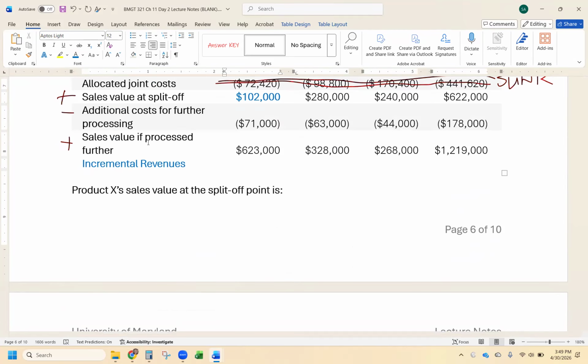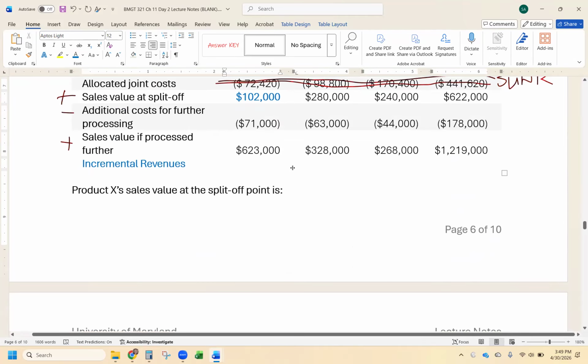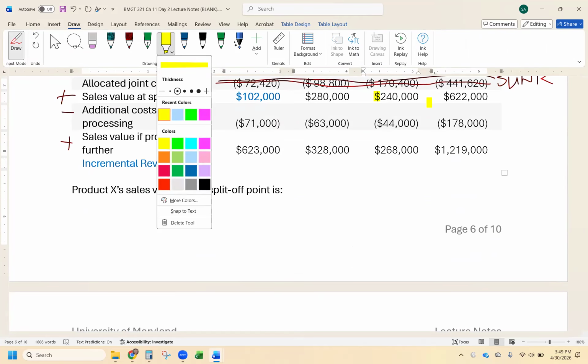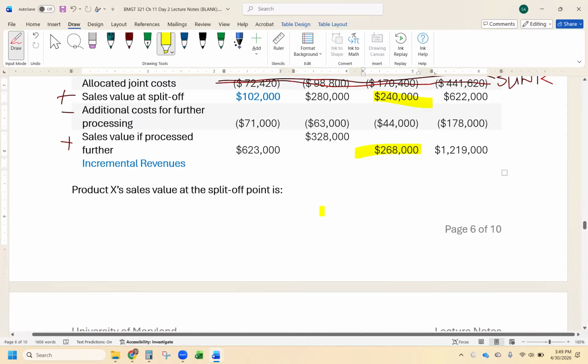And so basically for this, what I need to figure out is the difference in this number here, the sales value at split off, and the sales value after further processing. That's what I want to figure out. What's the difference between those two numbers? So don't do math in your head, but I think this is 18. Is that right? 28. Yeah.